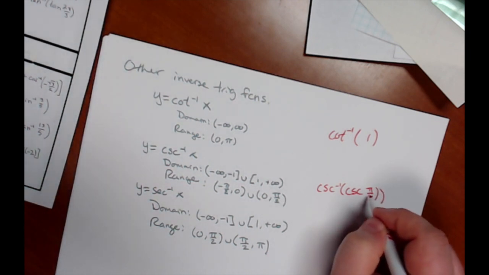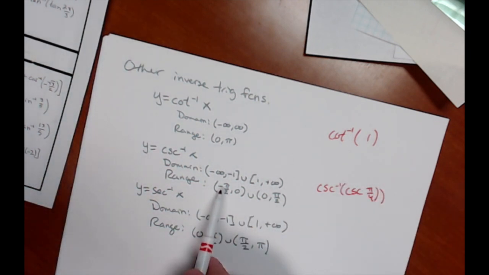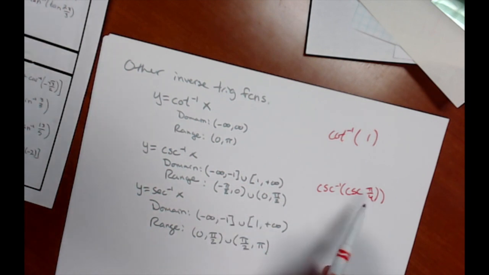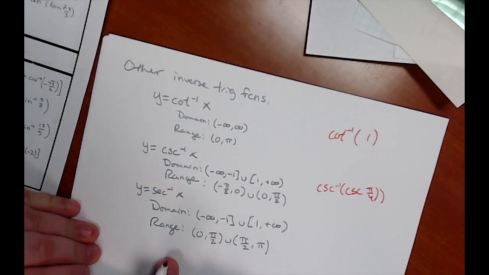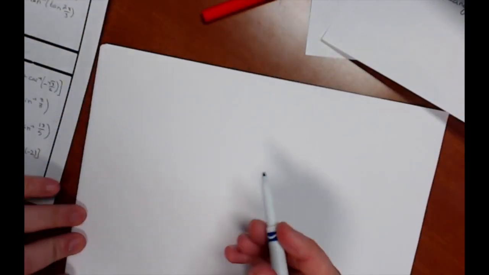And depending on if pi over 4 is in our restricted domain, which in this case it is, it'll give us that value out. But if not, we have to do more. What if then we have some more interesting problems?